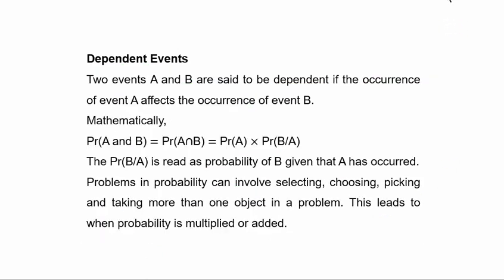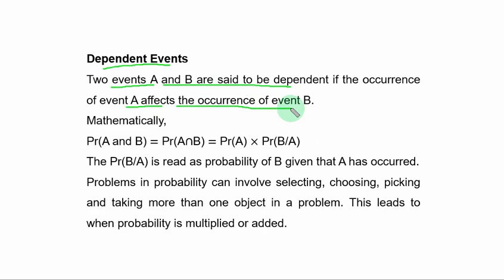The second concept is dependent events. Two events, A and B, are said to be dependent if the occurrence of event A affects the occurrence of event B. Take for instance, you are throwing one die and you need 2 and 3.